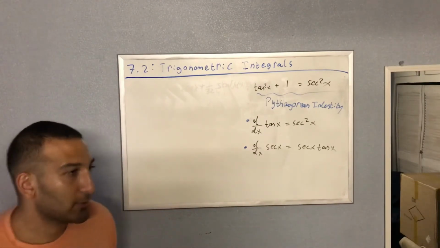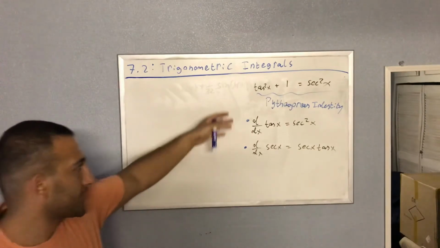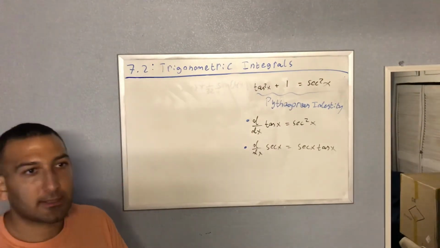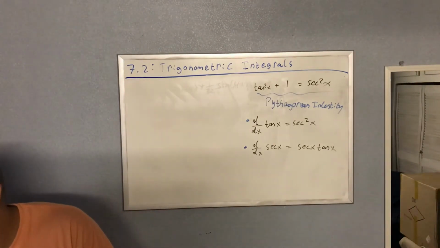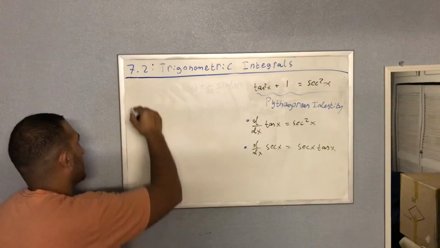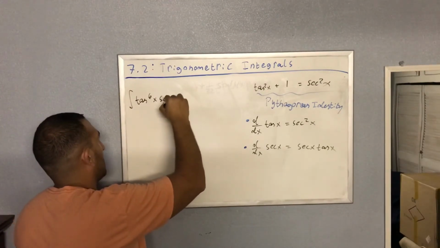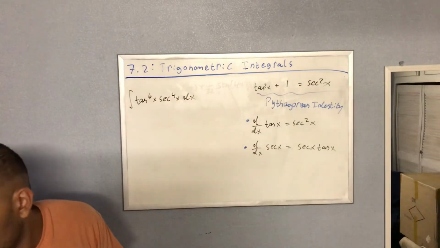So it's not too surprising that we will be able to use these properties here to deal with integrals that have products of different powers of secant and tangent. So for example, let's look at this. Let's say we want to find this integral.